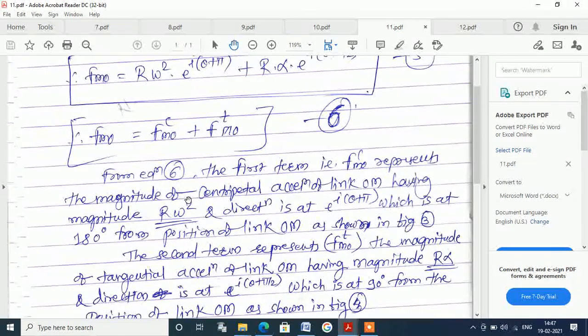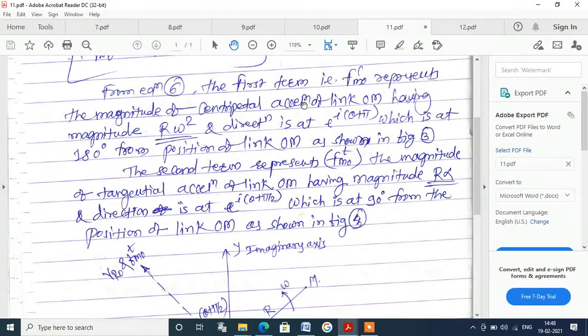Okay. So centripetal acceleration has magnitude R omega square and it is at 180 degrees from the position of link OM, whereas the second component R alpha is called tangential acceleration, whose magnitude is R alpha and which is at 90 degrees from the direction of link OM.